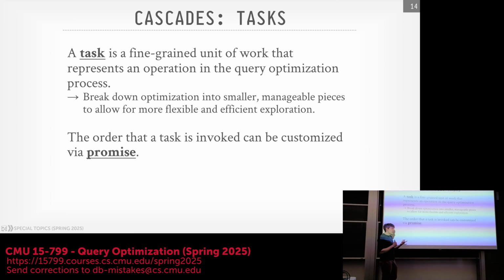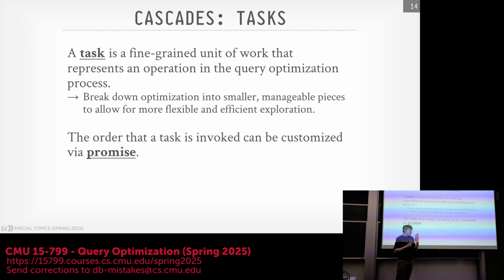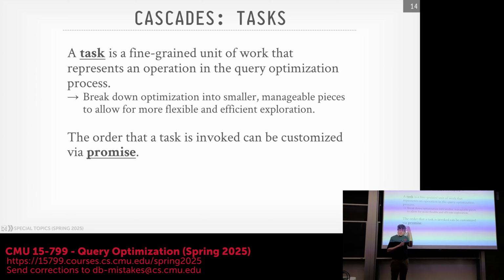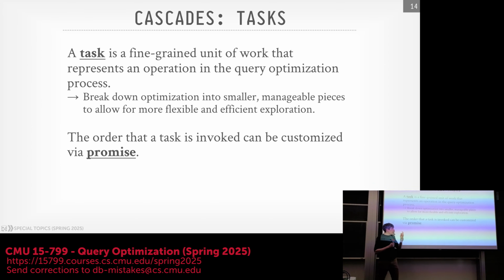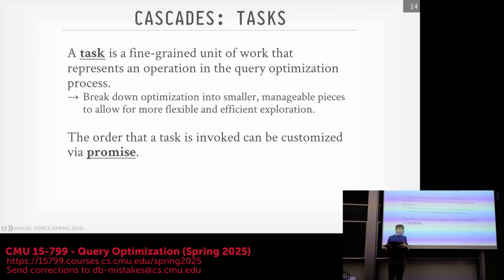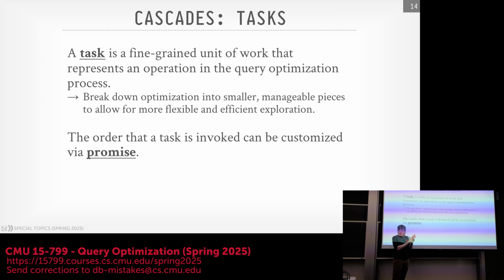In the case of Exodus, they had that notion of the expected cost factor. The idea there was similar to a promise here, but it's inherently tied to the cost, the objective function that you're trying to optimize the query plan for. Whereas a promise is actually independent of the cost. There are certainly times where you do want to consider cost, because that may be the right thing to do, and choosing the right promises for tasks dynamically could steer you towards a better cost.